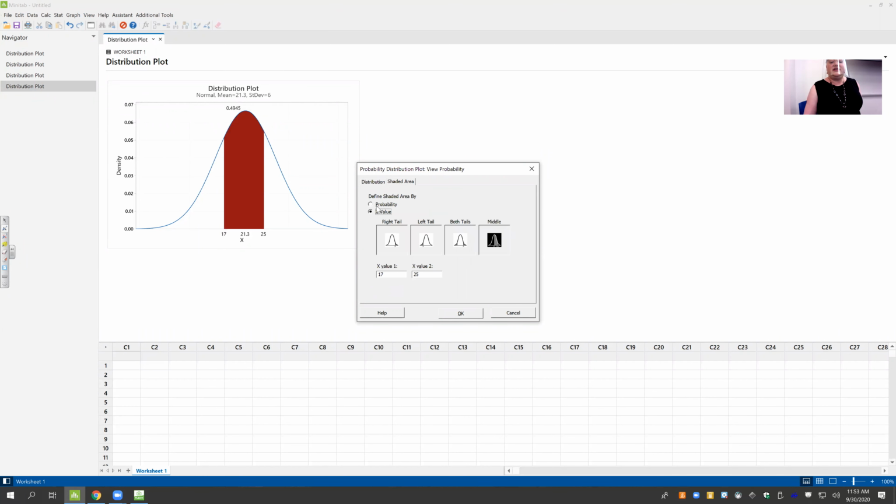Shaded area: now I want to define it by the probability because I've been told the probability is 82%. And I'm doing a left tail because we interpret the percentile as less than, and you enter your percent as a decimal, so 0.82.